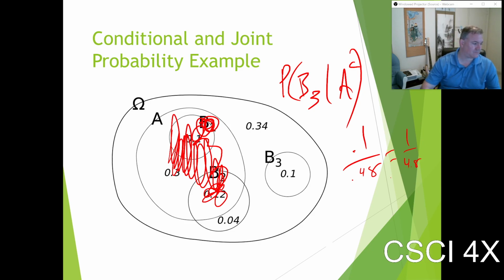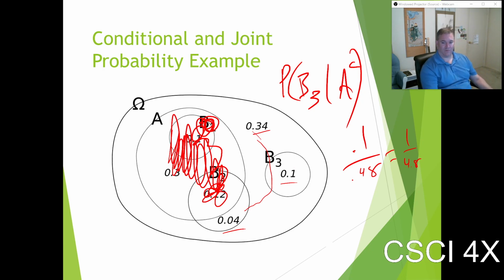Okay. 0.1 over 0.48 or 1 over 4.8. So there's a total of 0.34, 0.1, and 0.04 outside the boundary of A. So the denominator, the size of the field is 0.48. Of that 0.48, there's a region of size 0.1. So the relative fraction is about a quarter. About a quarter of the outside area over here is found within B3. So 1 over 4.8 is in fact the correct answer.